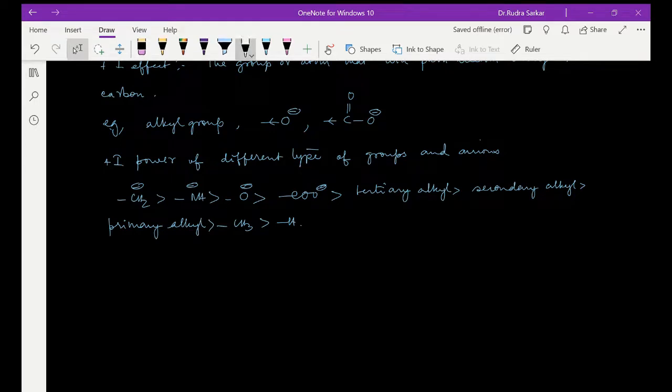Now let us compare or do some problems in relation to the inductive effect. So let's consider applications of inductive effect.